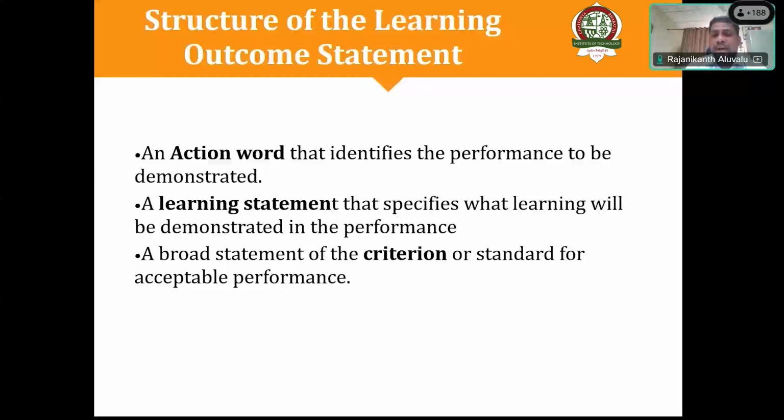And when an outcome has an action verb, a learning statement, and a proper criteria mentioned, then that particular outcome can be clearly measured. As I'm talking about, the bigger difference between a learning outcome and a learning objective is that a learning outcome is clearly measurable. The whole outcome based education system depends on measuring the outcomes that are designed.